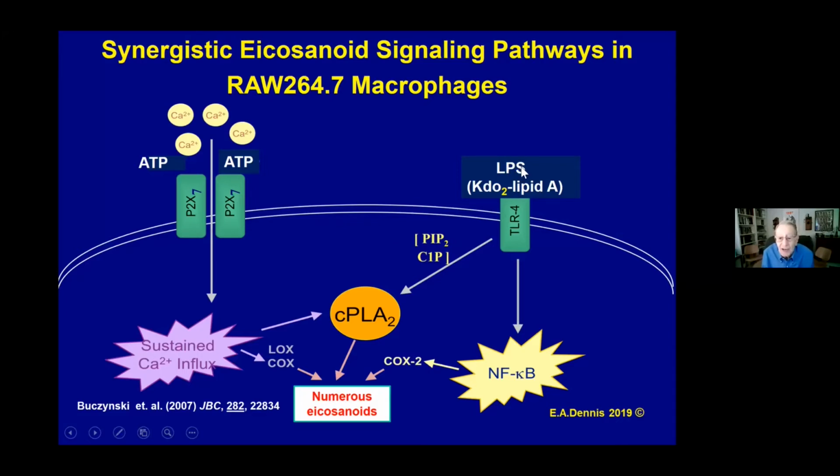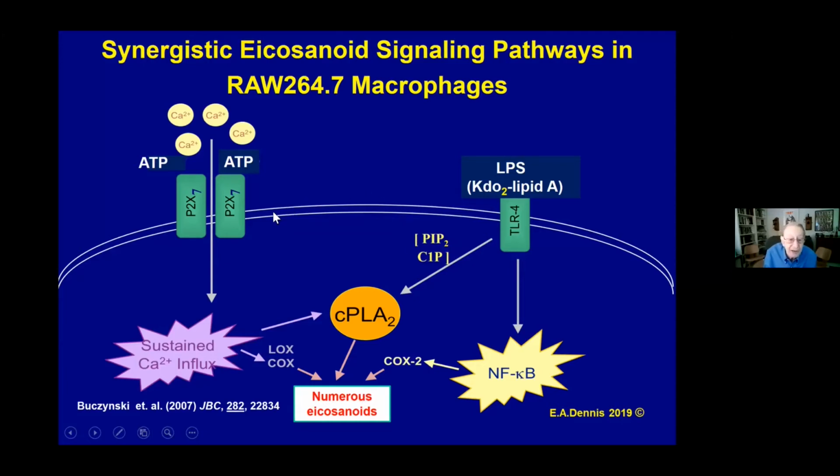That lipopolysaccharide, when binding to a surface membrane receptor called TLR4, leads to the activation of one specific subform of phospholipase A2 called cPLA2. It also induces, through NF-kappa B and gene transcription, the synthesis of COX-2, one specific form of the cyclooxygenase. Together, PLA2 and COX-2 generate numerous icosanoids.